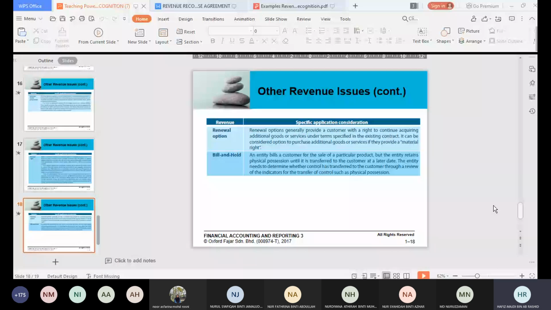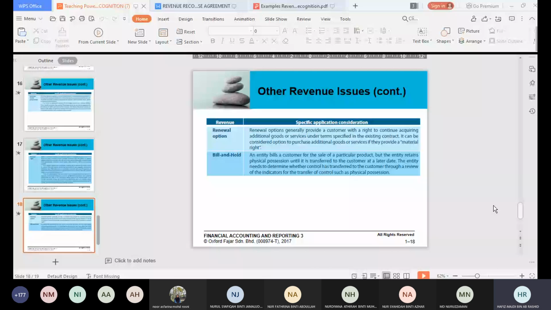Bill and hold is another kind of transaction which sometimes happens in the business industry. Sometimes it also happens in government agencies. Bill and hold is where you might have, for example, completed constructing an asset or a building.